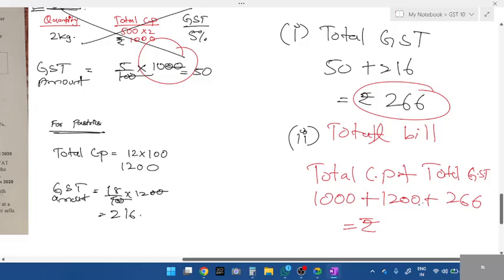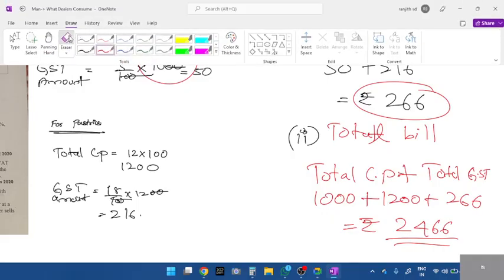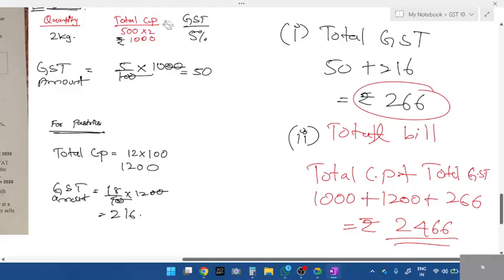What's the answer, students? 2466. All of you got 2466. This is one way. The next one is, here I'll erase all this. Excuse me.